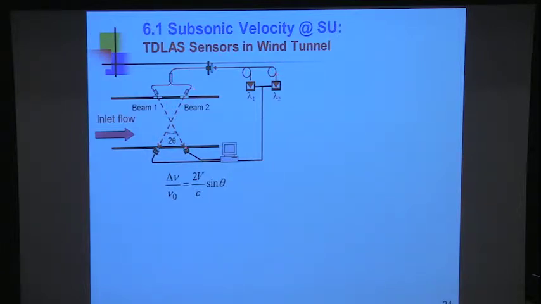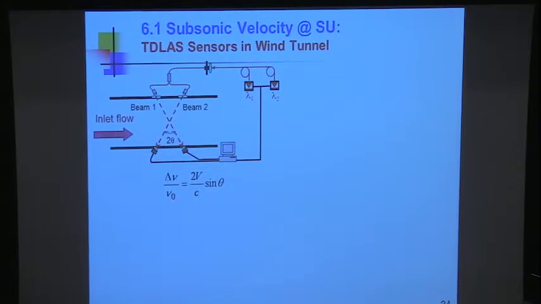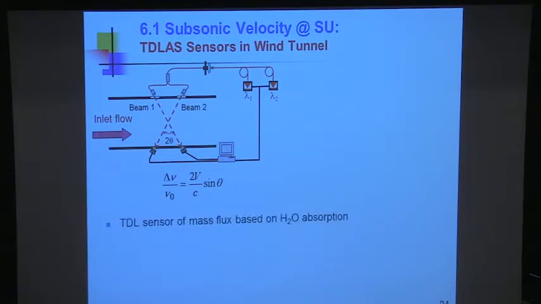This beam here would be going against the flow. This beam is going with the flow, so they'll have different Doppler shifts. And the spacing between the lines we observe would be twice the shift for either beam. By doing that, you don't have to measure the absolute Doppler, the absolute frequencies, you just measure the delta.